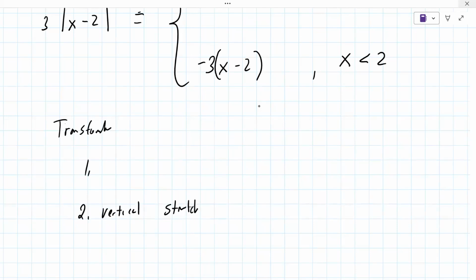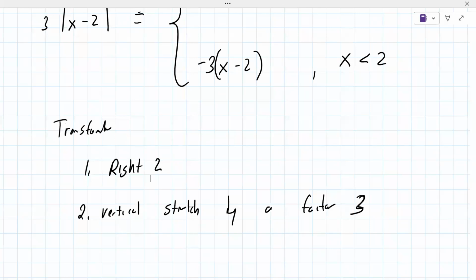The order does matter. Your instructor may not emphasize that, but for good math students, it does matter. And it's to the right by 2 units. Good. Very good. So it's right by 2.